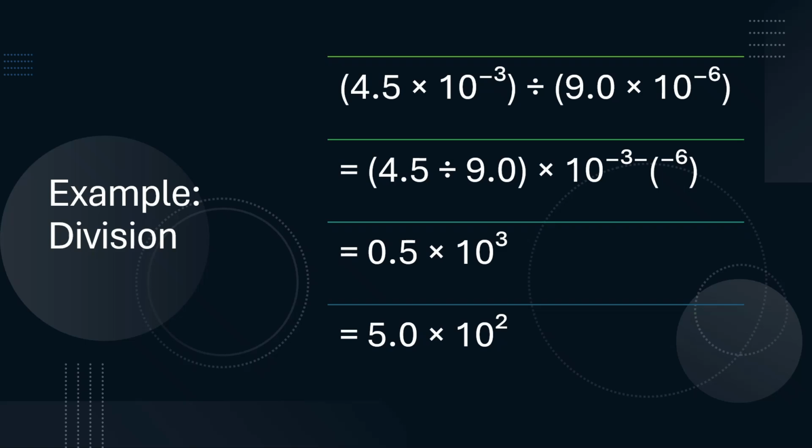And then we're going to subtract the exponents. Now take note, in this case, the exponents are all in negative signs. Okay, now if that's the case, we are going to change this one into a positive form.